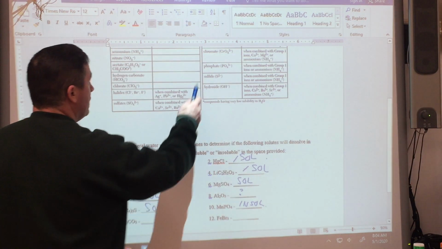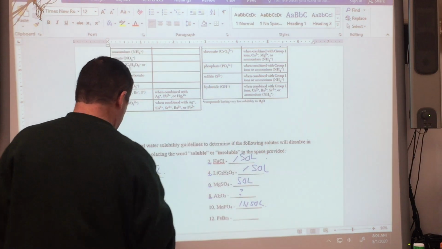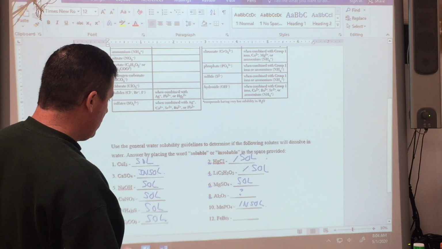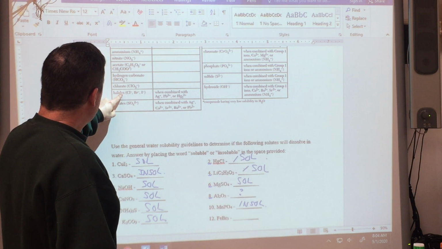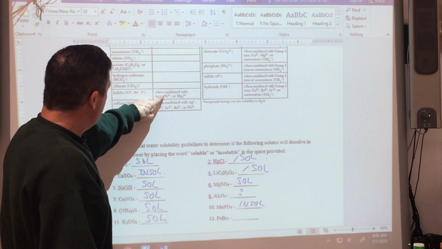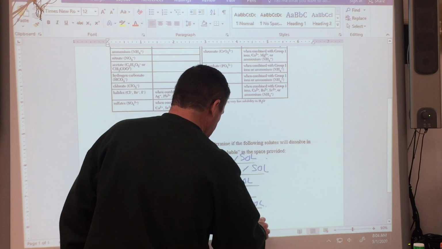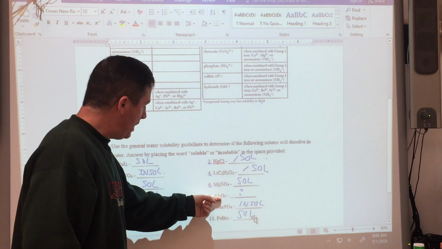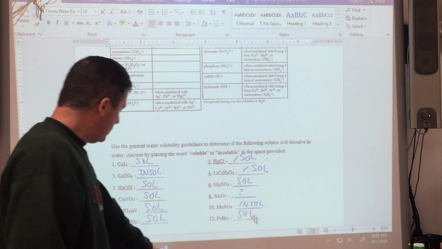So this is insoluble, but it's an exception. So this is soluble. And the last one is FeBr3, that's iron 3 bromide. It's a halide, and these are all soluble. Is iron an exception? No. So this is soluble as well. Okay? Hopefully you did pretty well with that. I apologize for that one, it was kind of a challenge. All right, so let's go on to our notes for today.